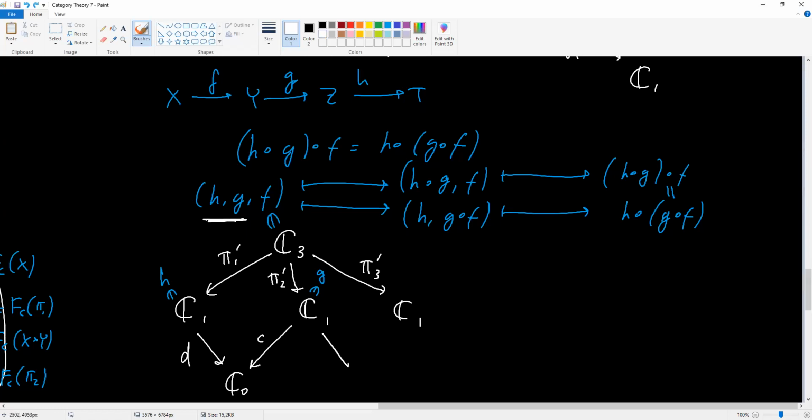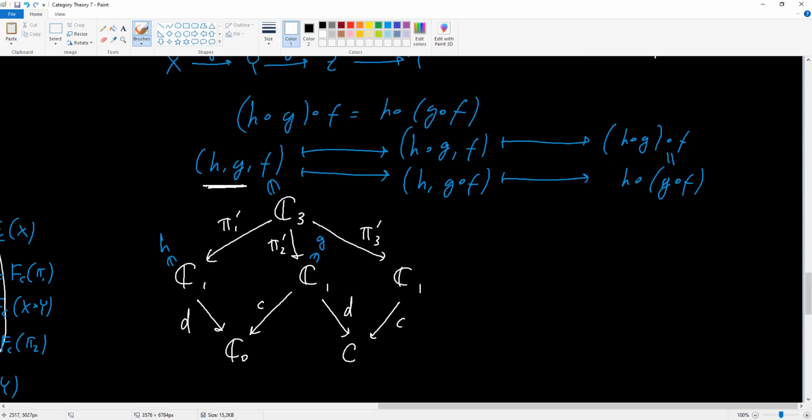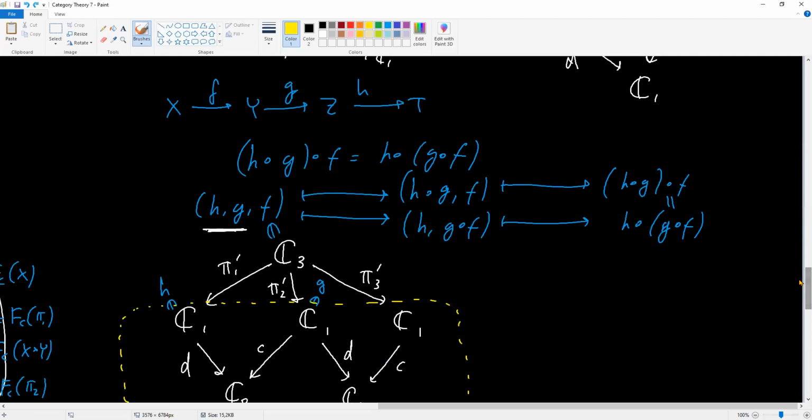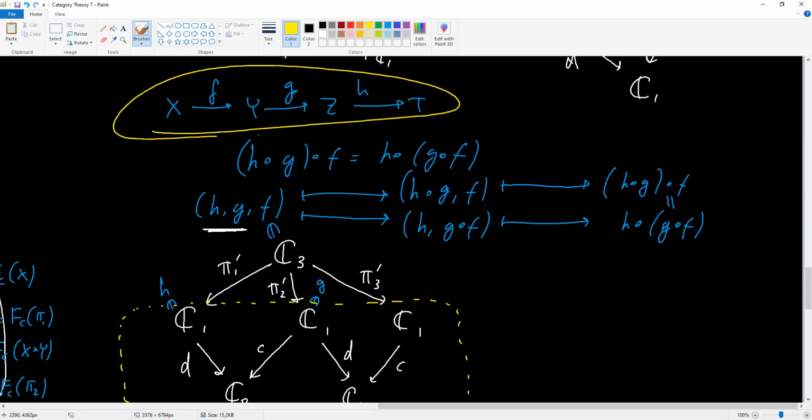So I have another diagram here. And now I'm going to take this diagram, and I'm going to take its limit. And this limit C3 will model exactly the set of those triples where H, G, and F match into the following picture.